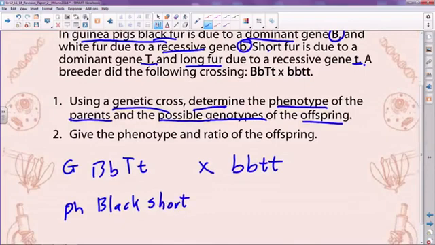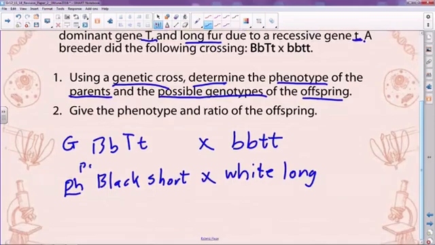And this is white. I'm going to cross it with a white and long fur. So that's the phenotype of the parents of the P1 generation. We've got that down to a T now.